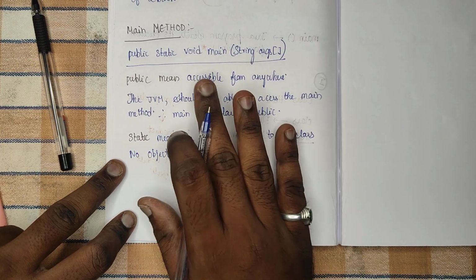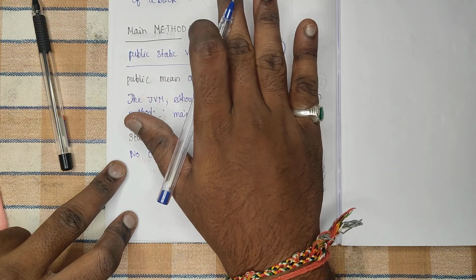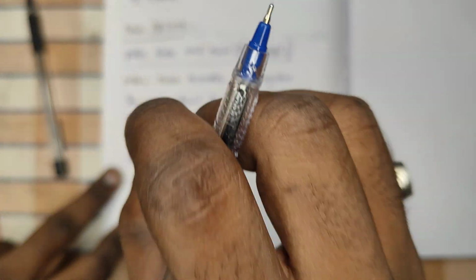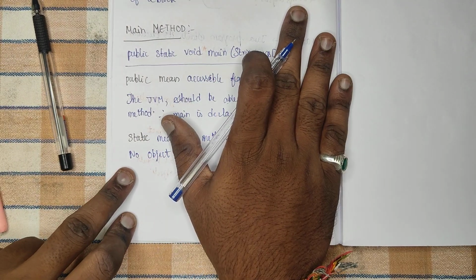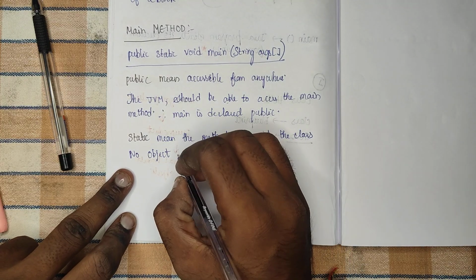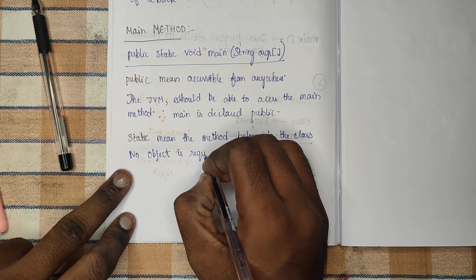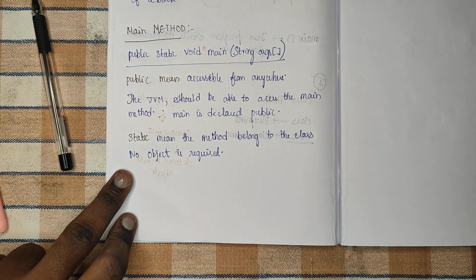I'm going to say again, this is very important for your university examinations, so please keep an eye on this while I'm saying these are very important. No object is required here.